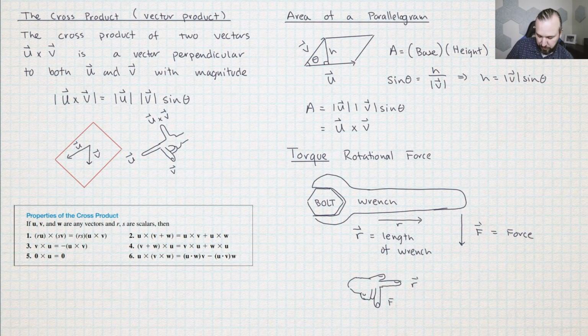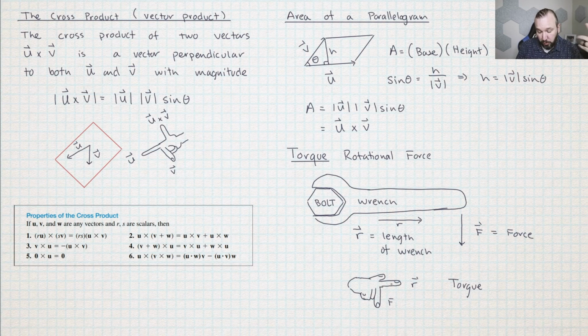All right, I had to pause the video while I drew this hand. This is the best hand that I can draw. But since righty-tighty, lefty-loosey, we have to define the torque. So R goes from the bolt out to the end of the wrench, and then F goes from the end of the wrench in whichever direction it's pointing in.